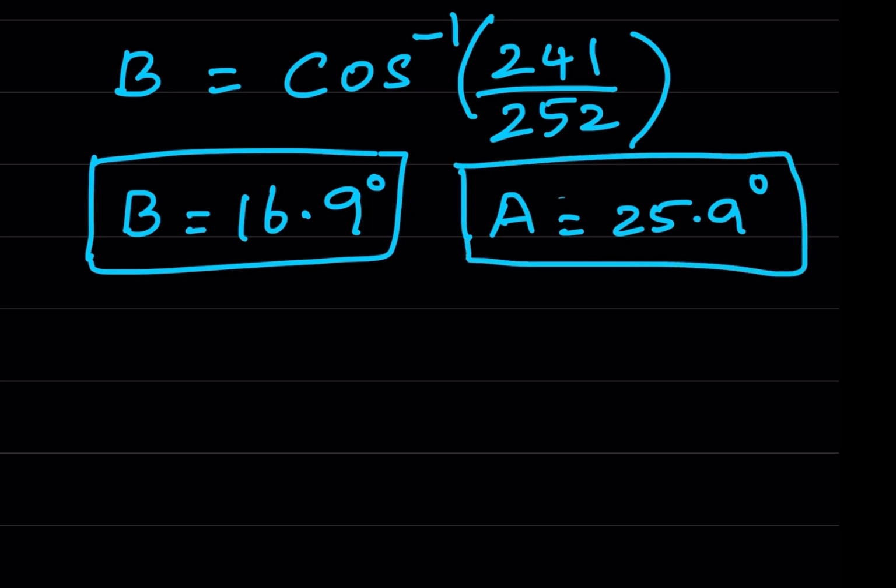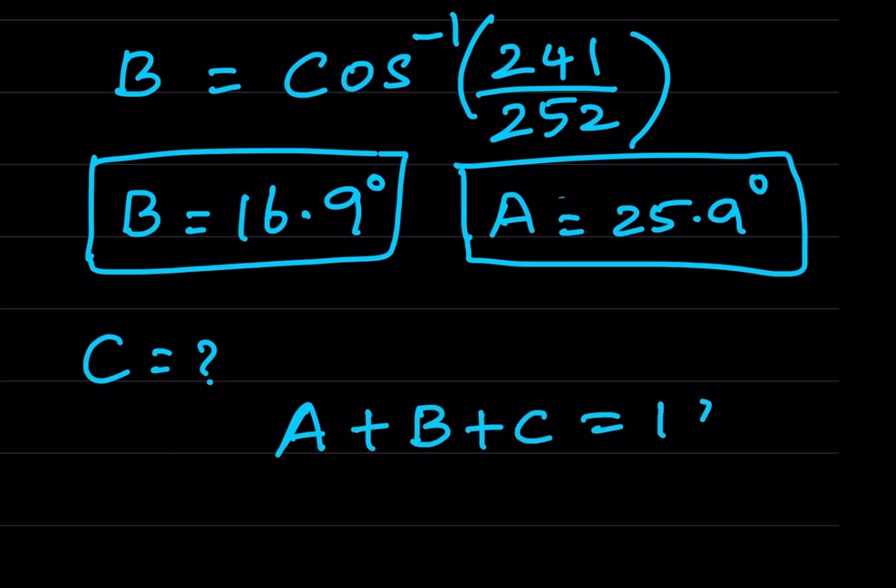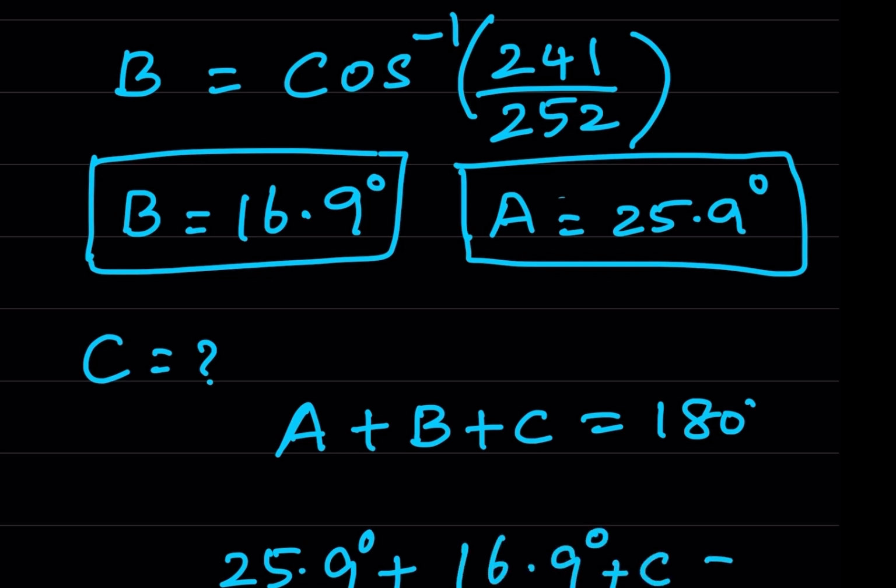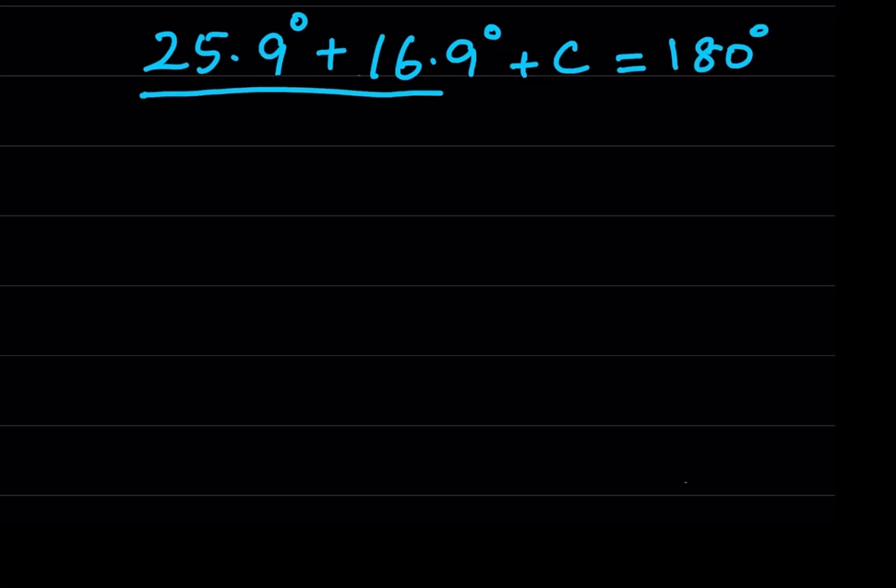Now we need to find angle C. So we know the sum of all the angles in a triangle is equal to 180 degrees. So angle A plus angle B plus angle C is equal to 180 degrees. Angle A is 25.9 degrees plus angle B is 16.9 degrees plus C is equal to 180 degrees. 25.9 degrees plus 16.9 degrees is 42.8 degrees plus C is equal to 180 degrees.